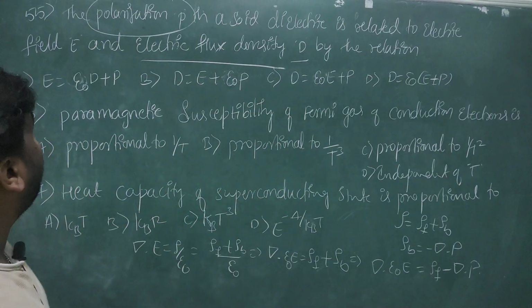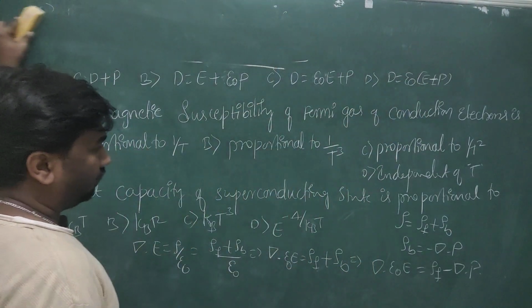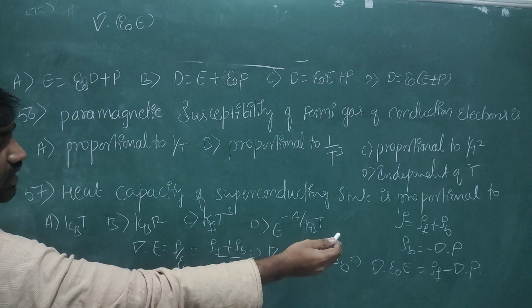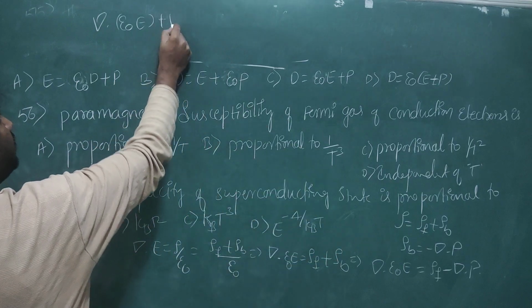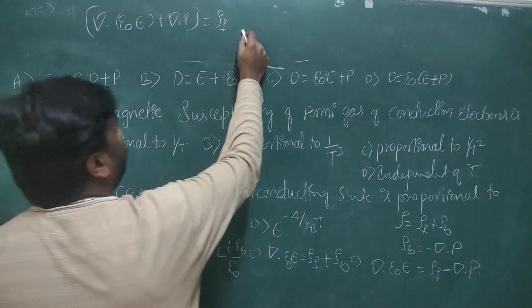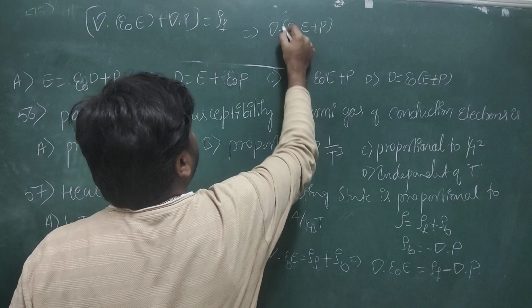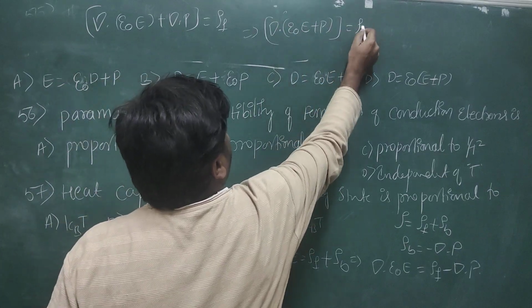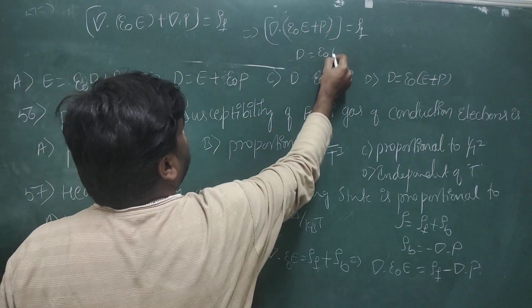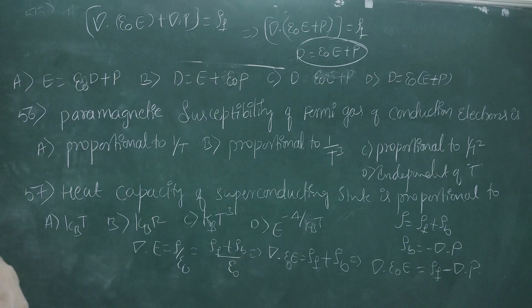Therefore, we can write that as del dot epsilon naught E. If I send minus del dot P to the left side, it becomes plus del dot P is equal to rho f, which is equal to del dot of epsilon naught E plus P is equal to rho f, and this epsilon naught E plus P is nothing but D. D is equal to epsilon naught E plus P. So this is the field in dielectric material.